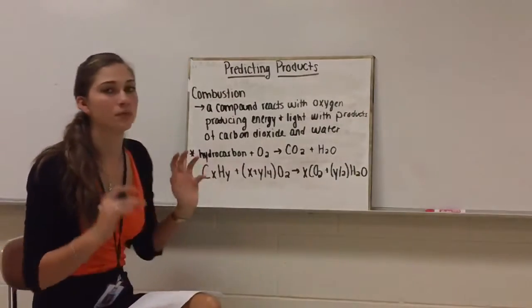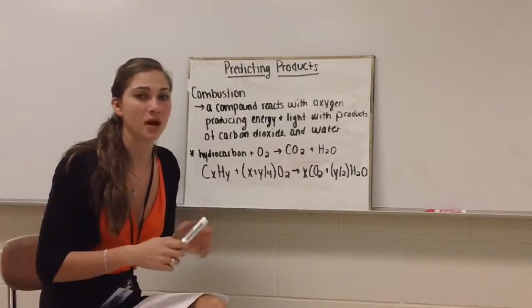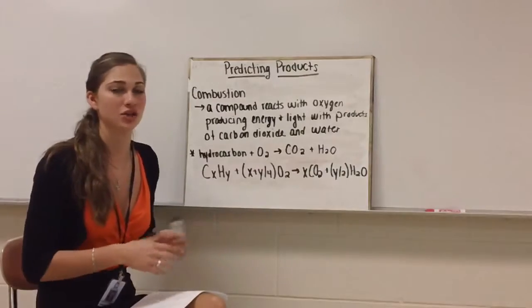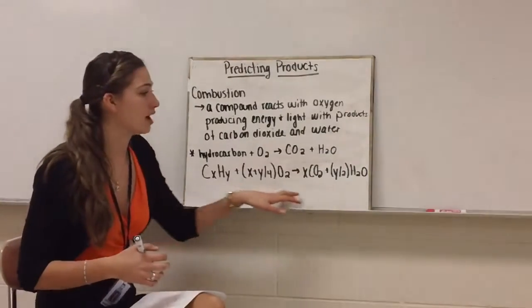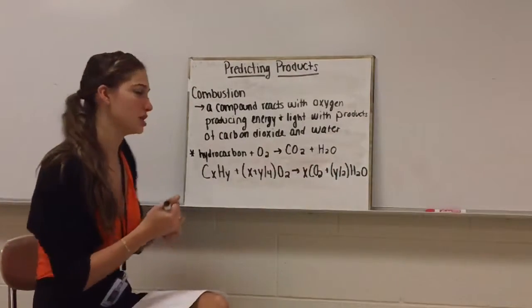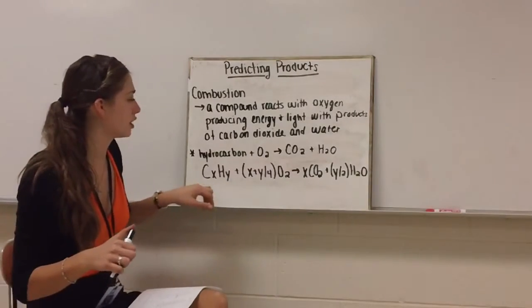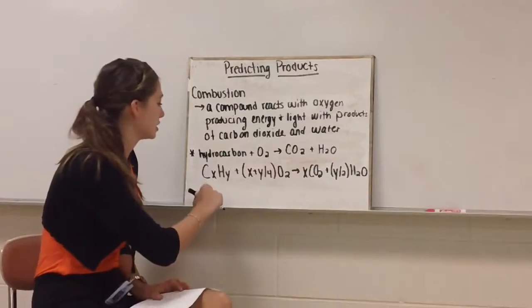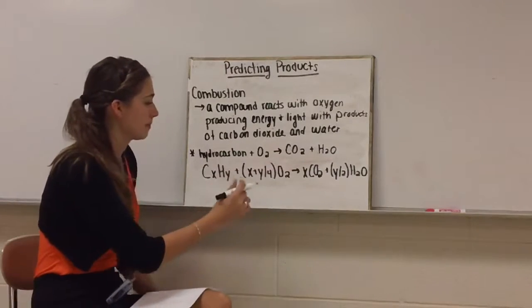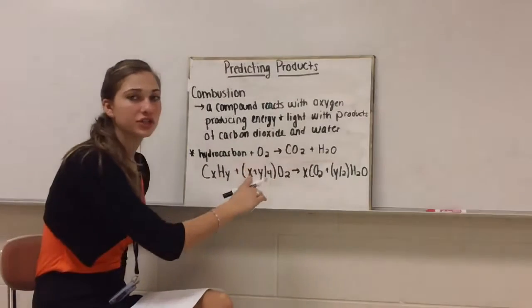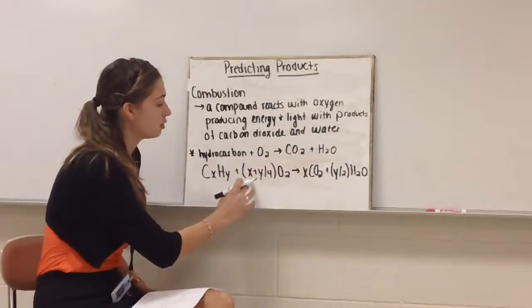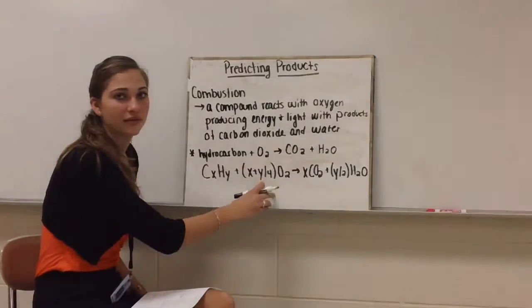Something that a lot of students get messed up on is balancing these reactions. So here's a little formula to help you get through it a little easier. Whatever the subscripts are for your hydrocarbon, CxHy, the coefficient in front of your oxygen would be x plus y divided by 4.